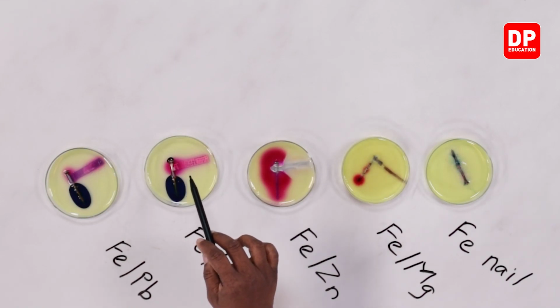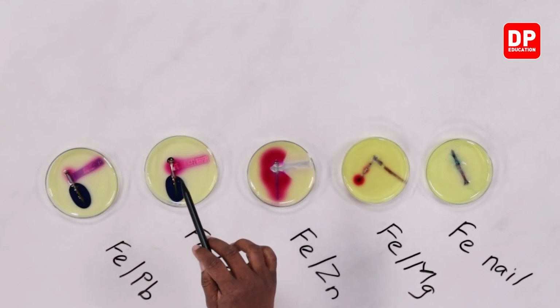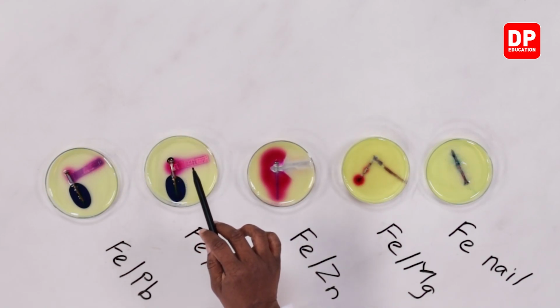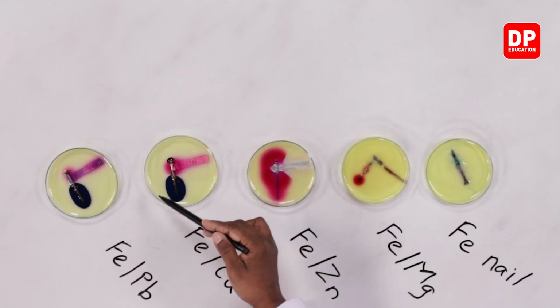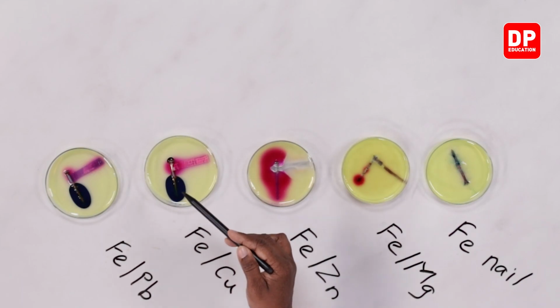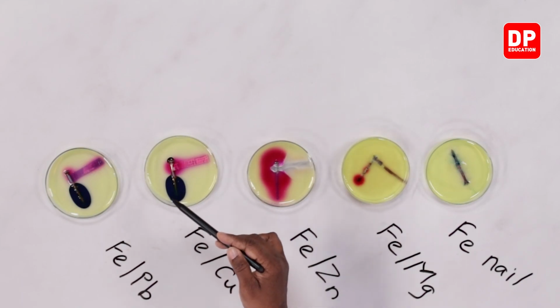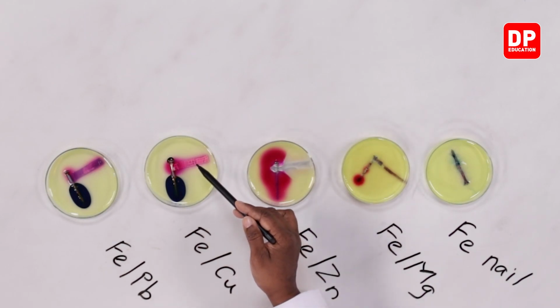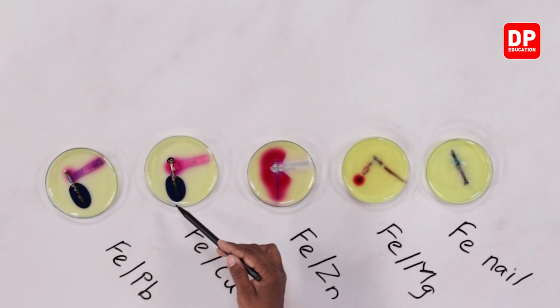That means OH- ions have formed there, and that is the cathode. Whereas here near the iron nail you can nicely see the blue color region. That is due to the potassium ferricyanide reacting with ferrous ions. So that means iron has acted as the anode. So copper is the cathode, iron is the anode.